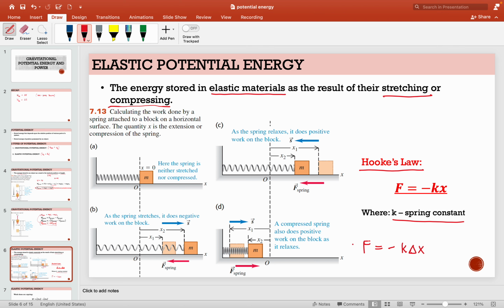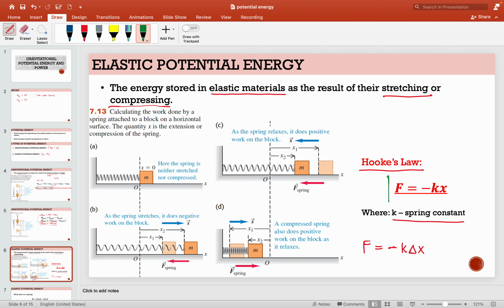The negative is there because the force exerted by the spring, as you notice in our figure 7.13b, if you stretch the spring, it also exerts a force in the opposite direction, or to the negative x-axis. So that's why we have this negative sign for our Hooke's law.